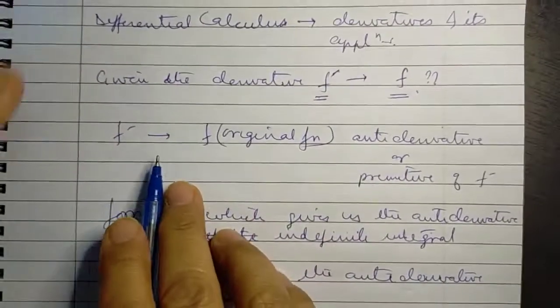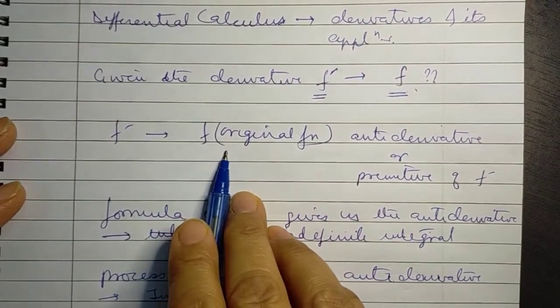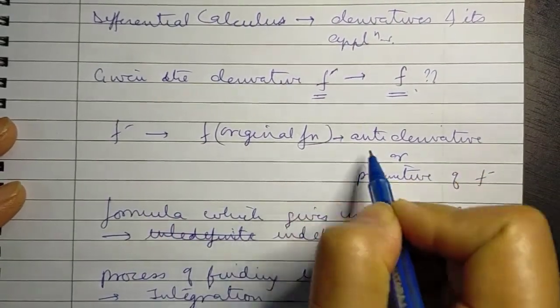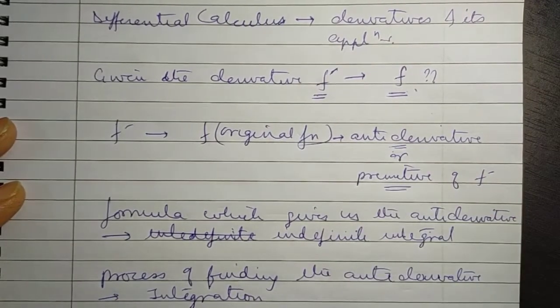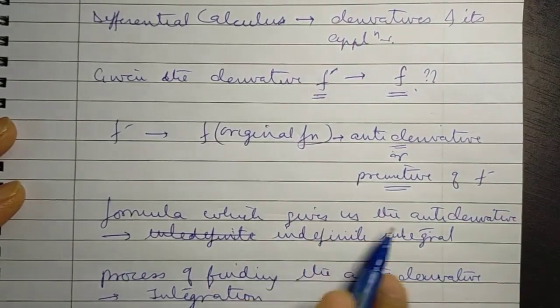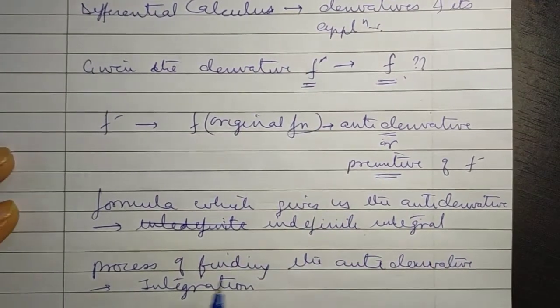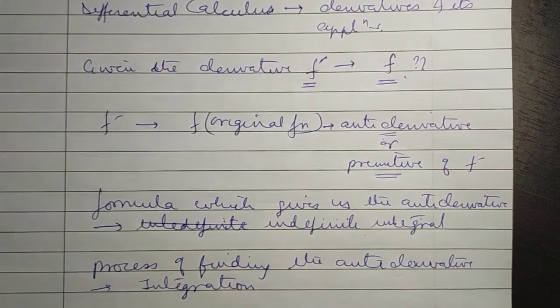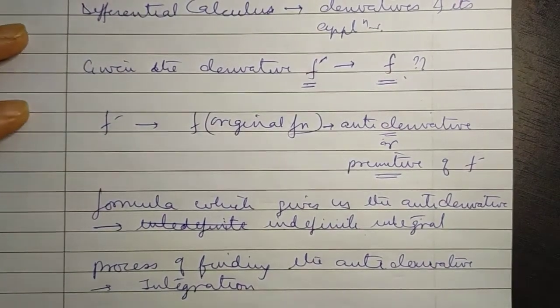So given f dash, the original function f is called its antiderivative or primitive of f dash. The formula which gives us the antiderivative is called indefinite integral, whereas the process of finding the antiderivative is called integration.